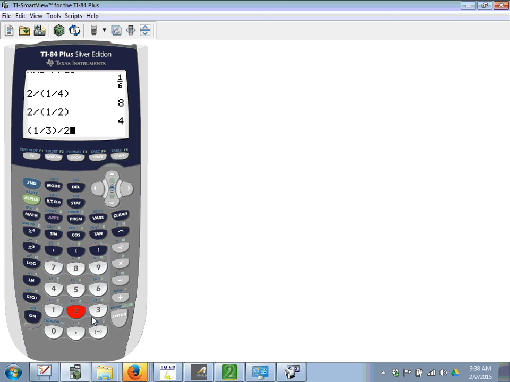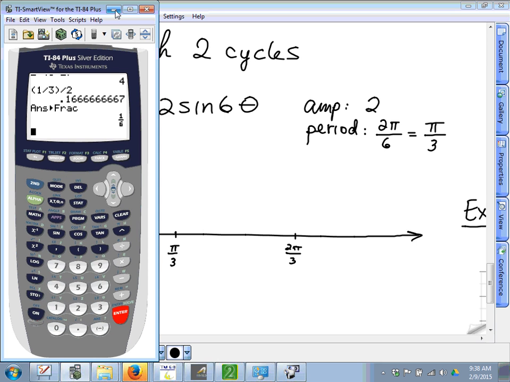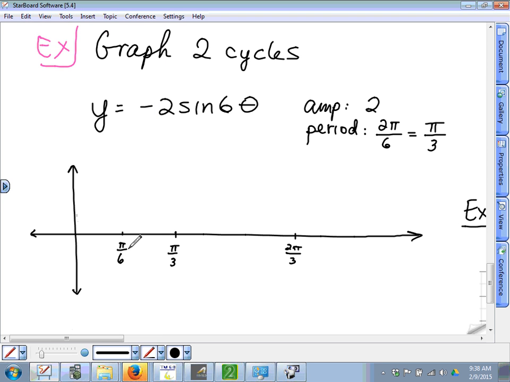Isn't that going to tell you what half of 1/3 is? Hit enter. It tells you some goofy decimal, so turn it back into a fraction, and it's 1/6. Second fraction. Hit math and then enter, enter. So it's pi over 6 is halfway.